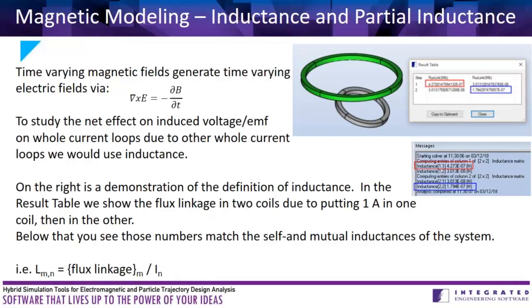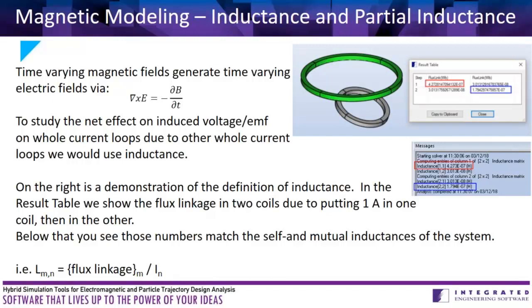But the fortunate thing is that this all becomes very nicely modeled by working with what's known as the inductance. The inductance says, look at the total magnetic flux that goes through a loop, that's known as the flux linkage, and work with a proportionality ratio. We say that the mutual inductance between any coil and any other coil is the flux linkage flowing in one coil due to the current flowing in another coil.